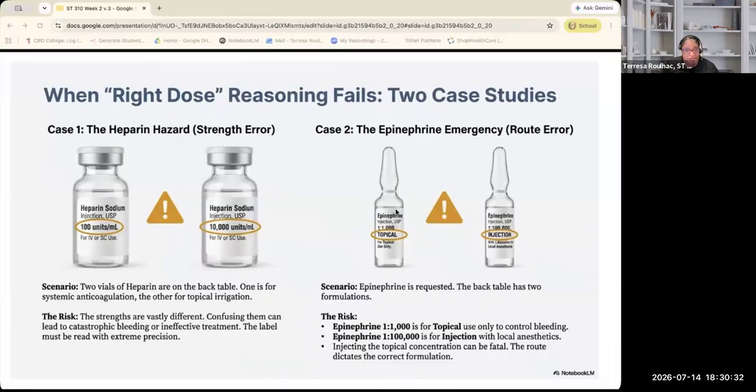You've got epinephrine, topical versus injection. So I want you just to observe what you see, looking at the risks, especially when it comes to epinephrine. Topical is used for one, injection for something different. Same medication in both.